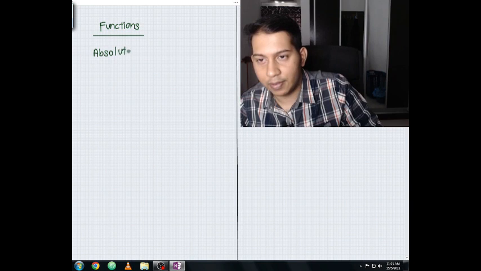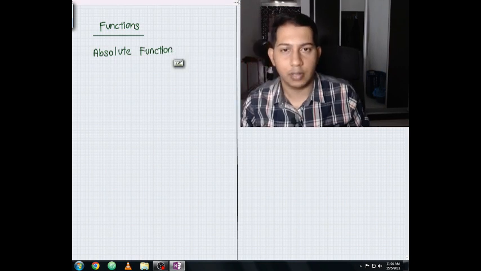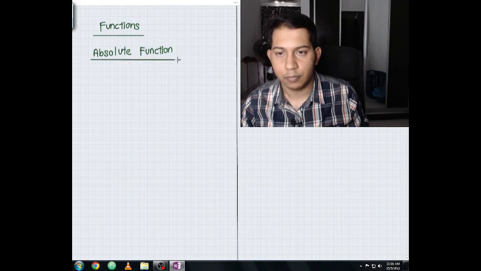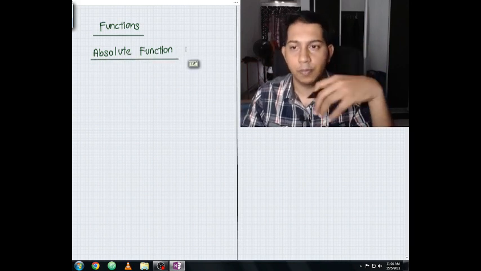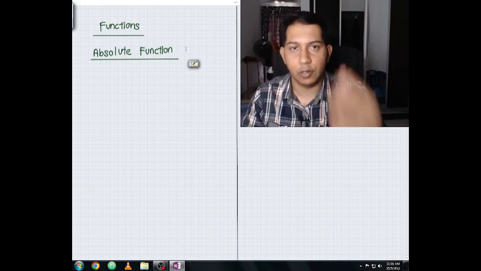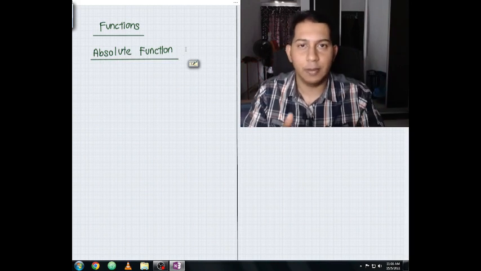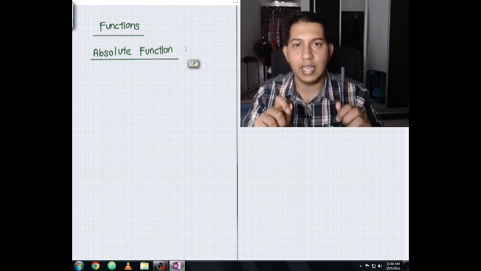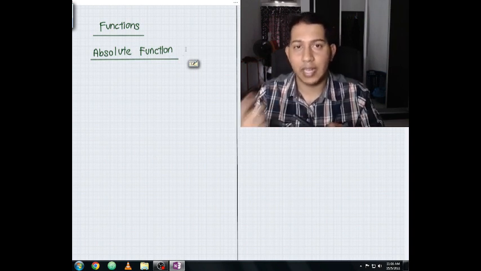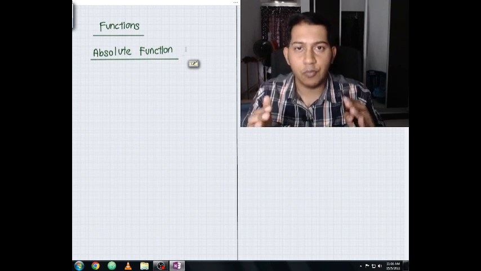Absolute function. Let me underline this. Let me explain what an absolute function actually is. An absolute function is a case where, regardless of any input, whether it is a positive input or a negative input, the output will always come out as a positive value.